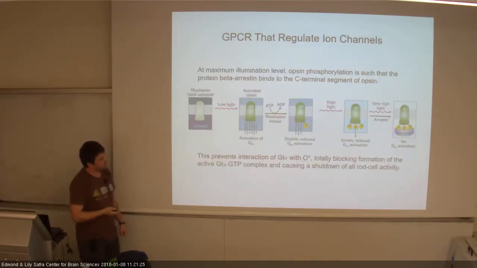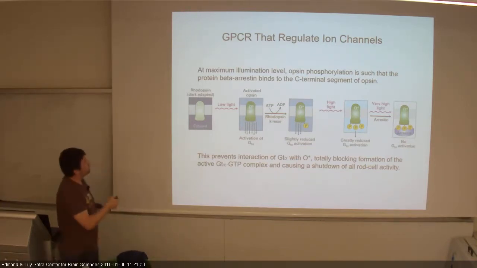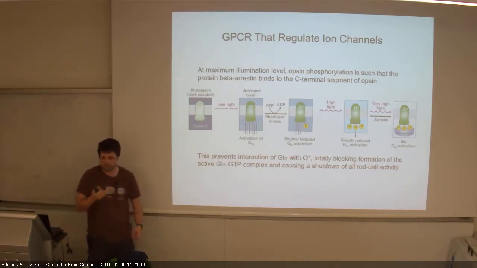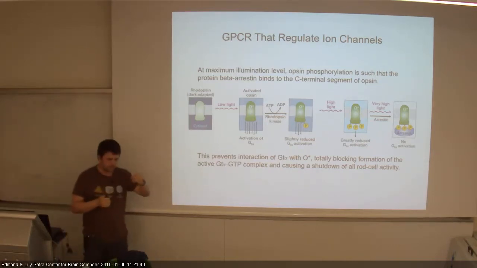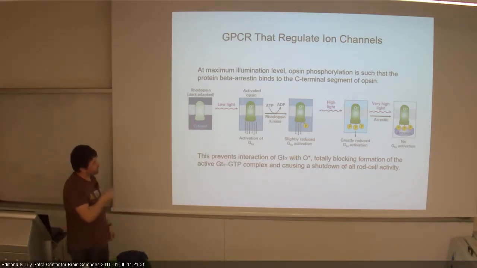In dark conditions or in very low light settings, all your opsin receptors are unphosphorylated, meaning that every photon of light that is received will elicit a full-blown cellular response of the cyclic GMP and the G-alpha and all the things that we saw before. So you have a massive amount of activation from the activated opsin.